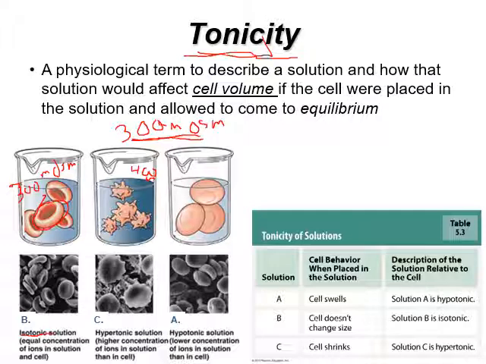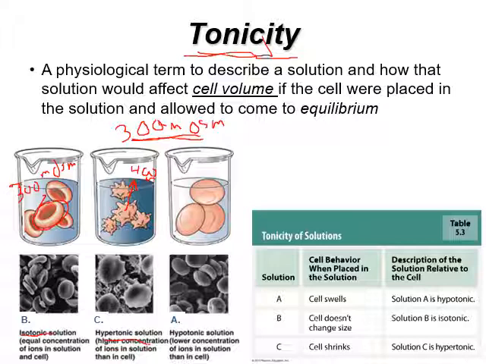It's going to be drawn to the higher non-permeable osmolarity solution outside. And when a solution shrivels the cell, or what we call crenates it, it is a hypertonic solution. So hypertonic solutions shrivel the cells.